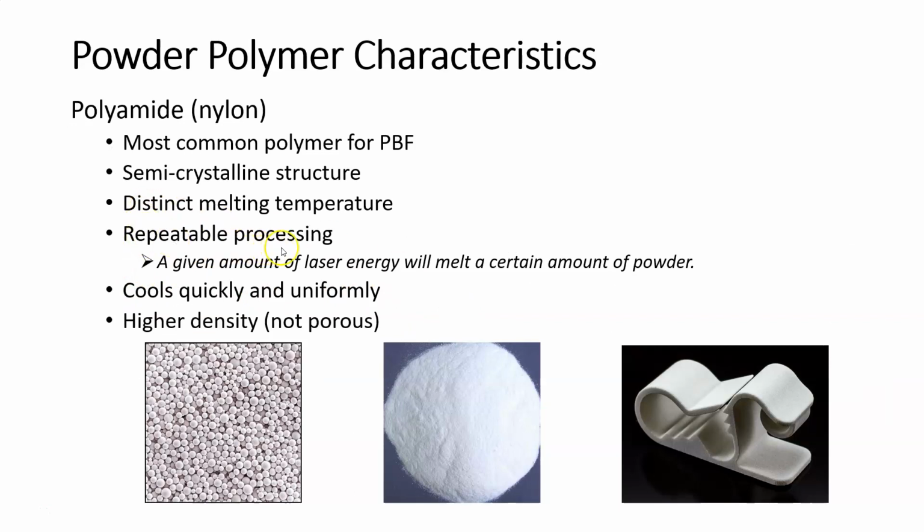It's very repeatable processing. That distinct temperature really helps in that. It cools quickly and uniformly, and it has a high density, so that means it's not porous. It's not going to absorb water or moisture, and it's going to behave quite predictably.